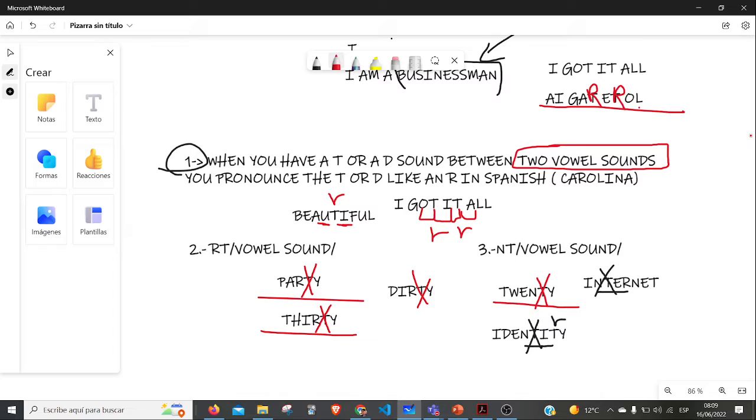Okay, so Carlos, if you want to sound better, if you want to come across, do you know what come across means? Come across in Spanish, do you know? No. Got it all means entendí todo. But come across, any ideas?